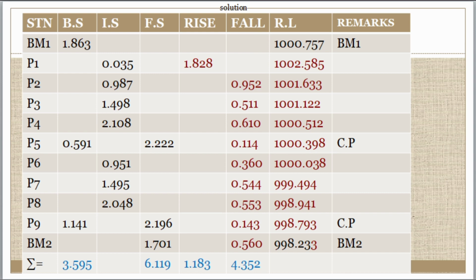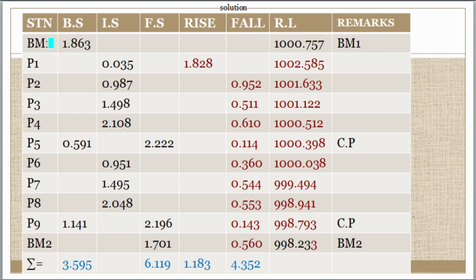Having finished that, here we have our table having at least 8 columns. So we have the stations, the backsight, intermediate, foresight, rise and fall, the reduced level, and the remarks section.